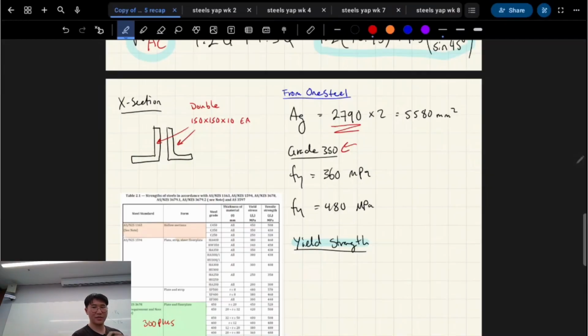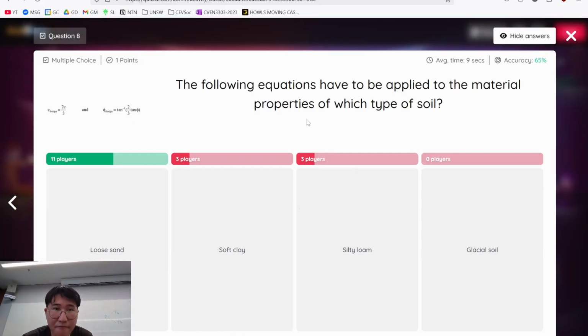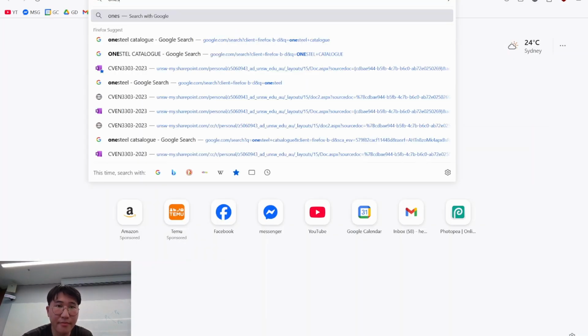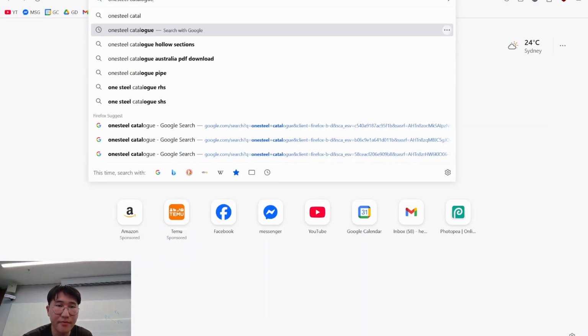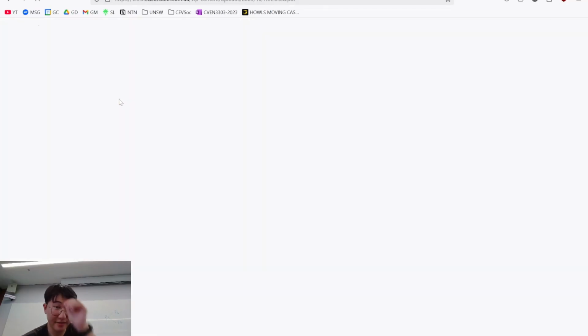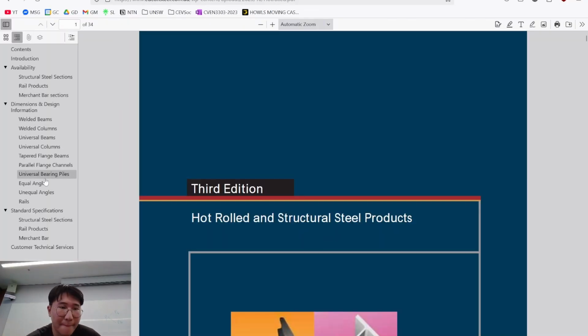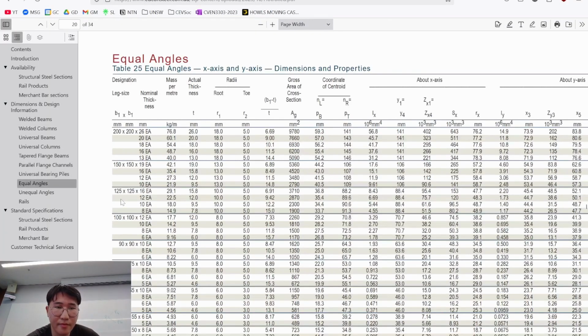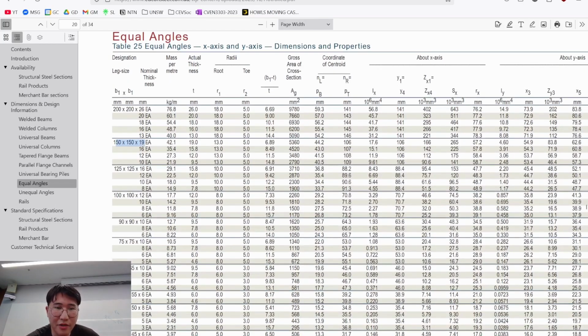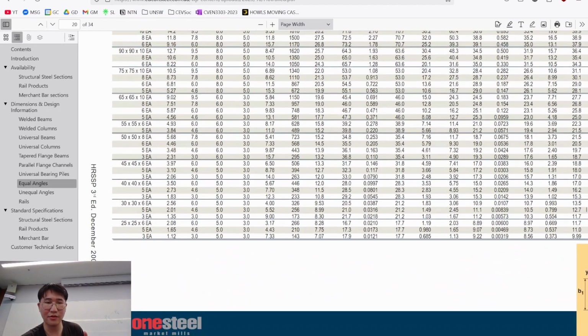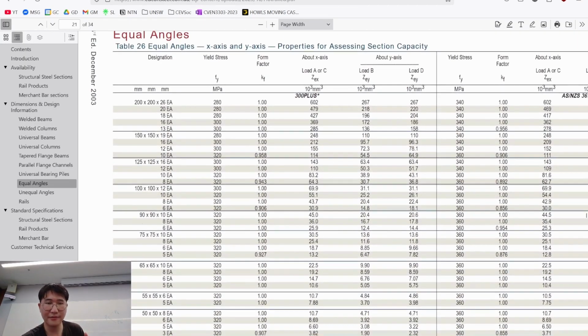So when we go to OneSteel, sorry, just give me a second. 150 by 150 by 10. We go down to the 10 row. We get the gross area in this column, right? But then for anything material property related, we scroll to the next page, right?